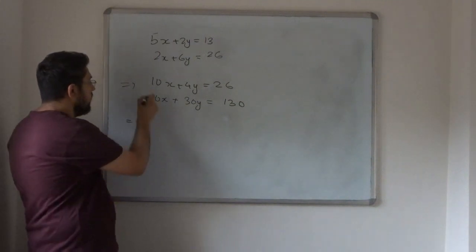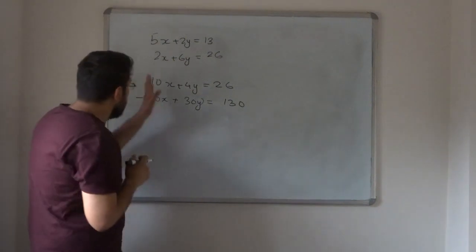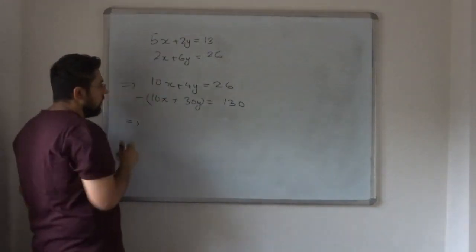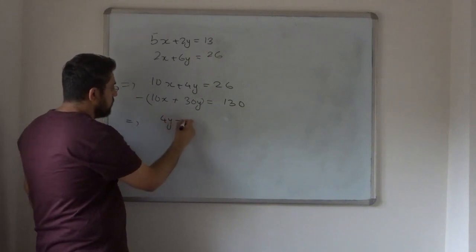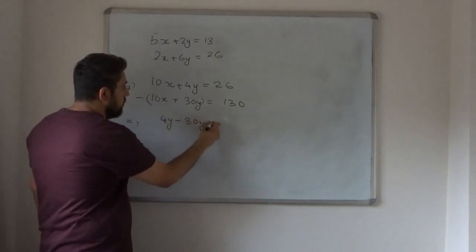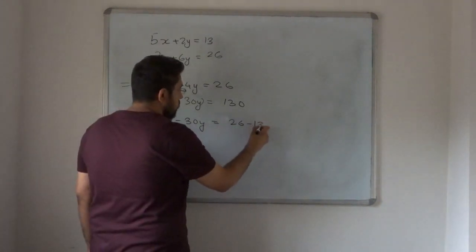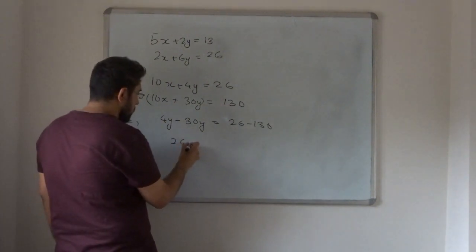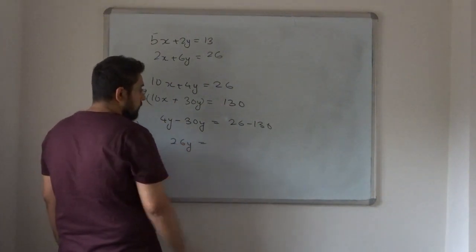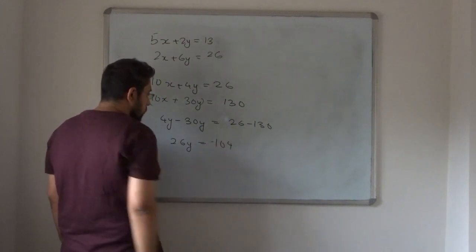so what do you do guys? Again, like I said, now you have to cancel out x. So x is cancelled out. So 4y minus 30y equals 26 minus 130. Okay, so you get negative 26y, which equals negative 104.